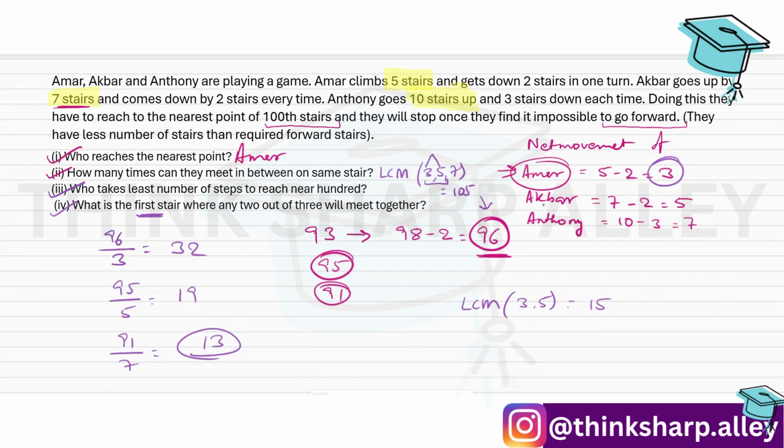So obviously it's Amar and Akbar who can meet each other at the 15th step, because for the other pairs, the LCM of 3 and 7 is 21, and of 5 and 7 is 35. That means Amar and Anthony will meet at the 21st step and Akbar and Anthony at the 35th step. So the first meeting point is the 15th step.